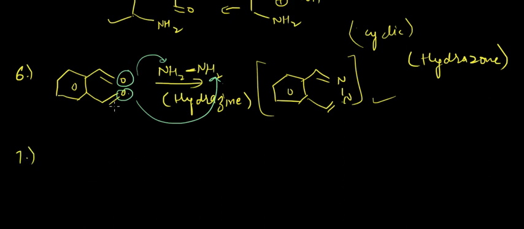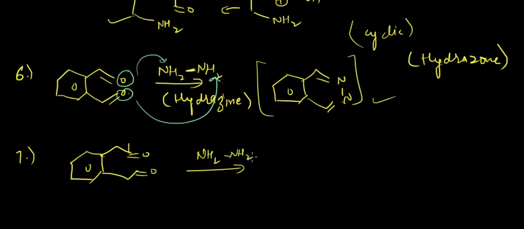So let's see what actually happens in this case when we react again a similar compound. In this case it's a ketone group. So what will happen in this case is, again we have NH2 or hydrazine.